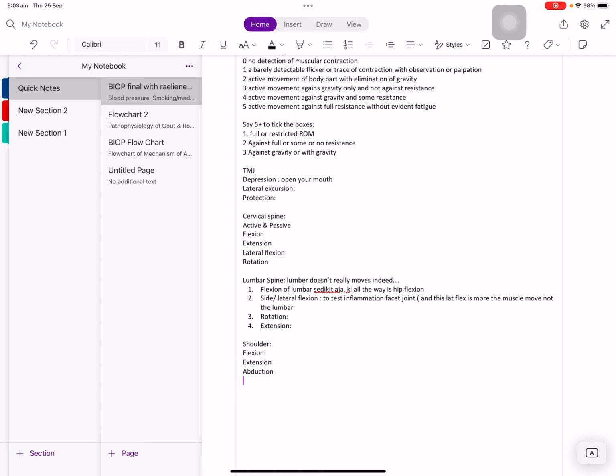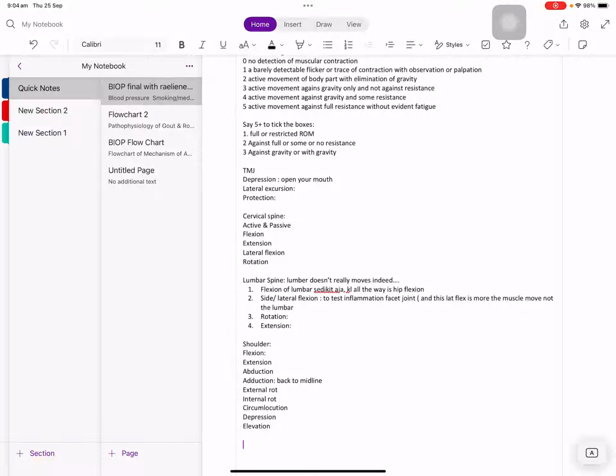Adduction back to the midline. External rotation, internal rotation. Circumduction. Elevation, depression, like shrugging. And that should be it.